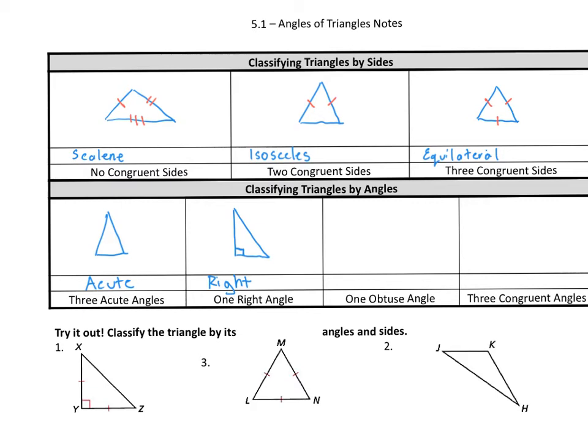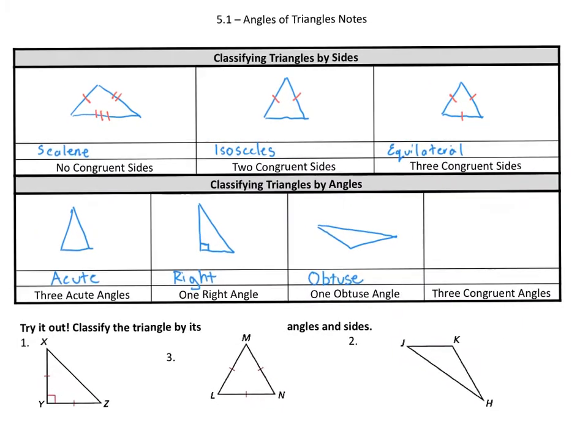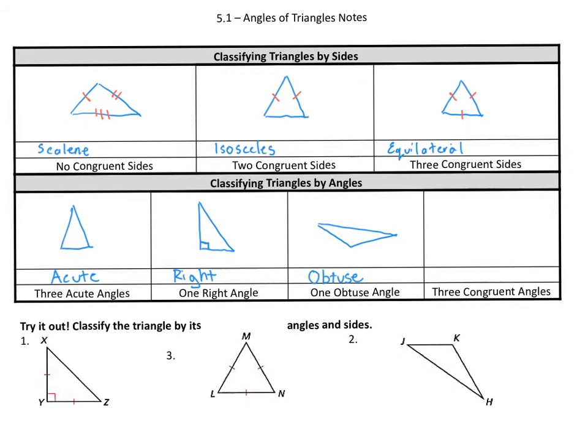If any one of the angles is obtuse, so if I draw an obtuse angle, and I connect them to make a triangle, then the triangle itself is considered obtuse. So if one of the angles is right or one of the angles is obtuse, it is considered a right or an obtuse triangle. All of the angles have to be acute in order for that triangle to be acute.